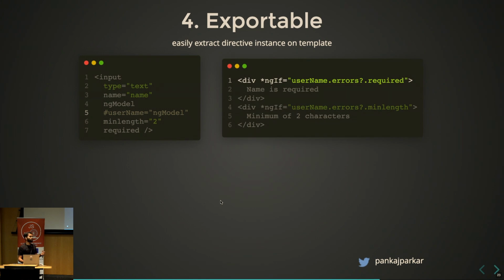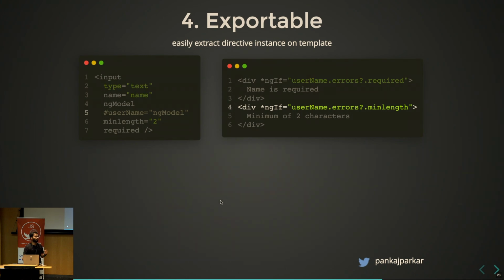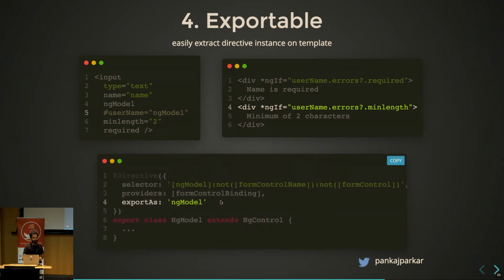So then you can use that username variable that has errors, valid or multiple properties, and then you can manage the validation part easily. Okay. Why can you do that right now? Because of the exportAs property.